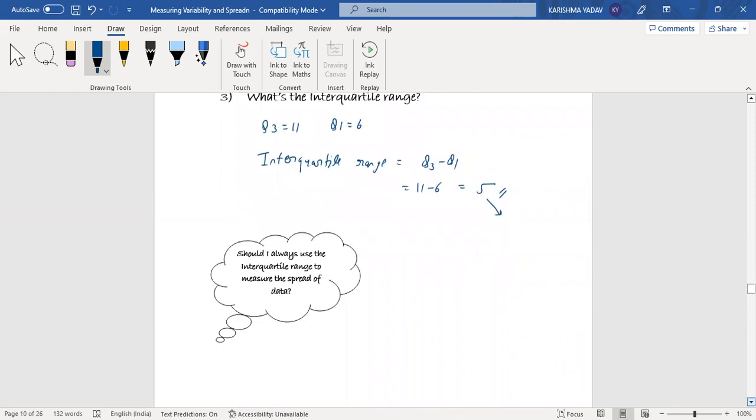Now the question arises: should I always use the interquartile range to measure the spread of data? In a lot of cases, the interquartile range is more meaningful than the range, but it all depends on what information you really need.